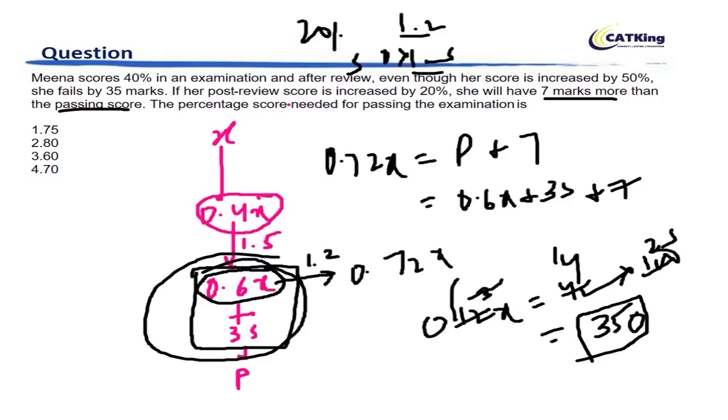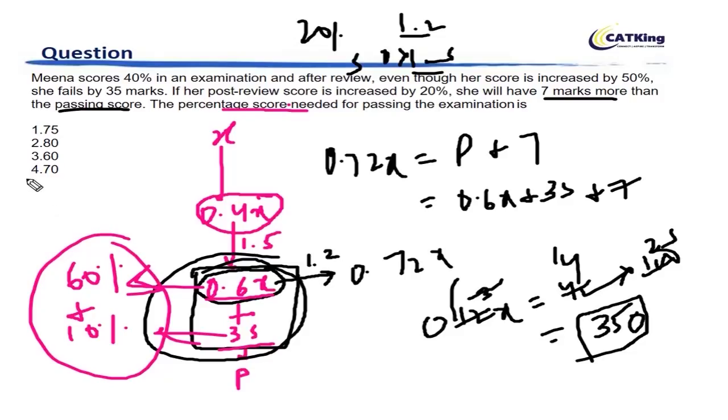The percentage score needed for passing marks is 0.6x plus 35. 0.6x is nothing but 60%, and 35 is 10% of 350. So what do you require for passing? 60% plus 10%. The answer is 70. I hope this is clear to you. Again, a very basic application of percentages.